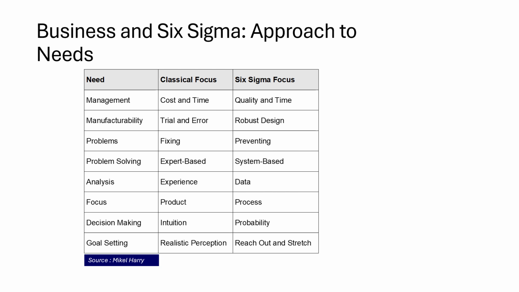Lastly, we have goal setting. The goal setting in the classical focus is realistic perception, whereas the Six Sigma focus is reach out and stretch.